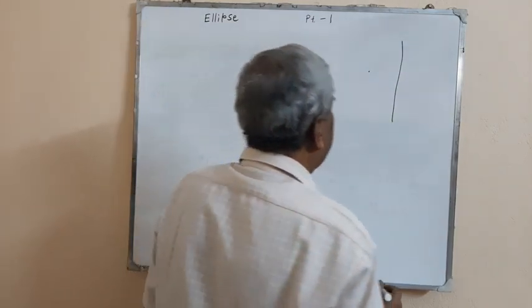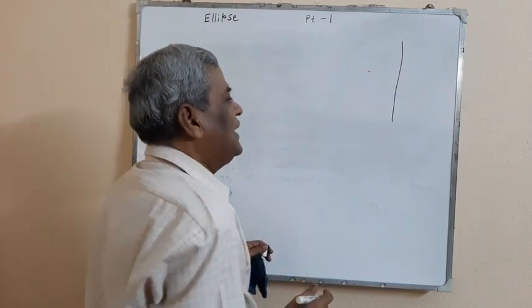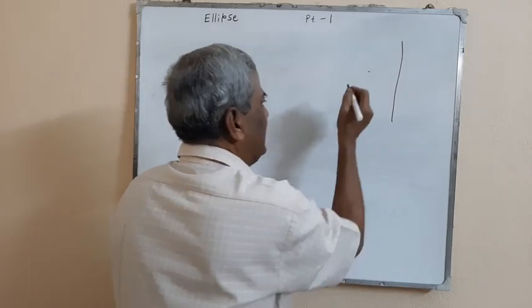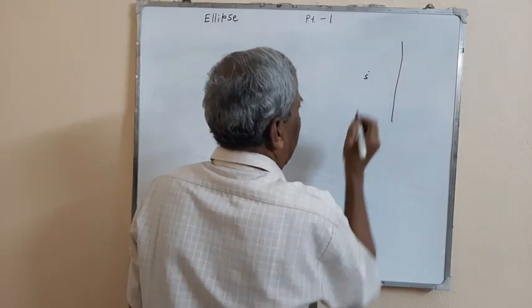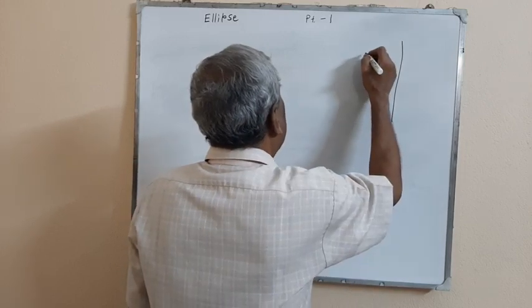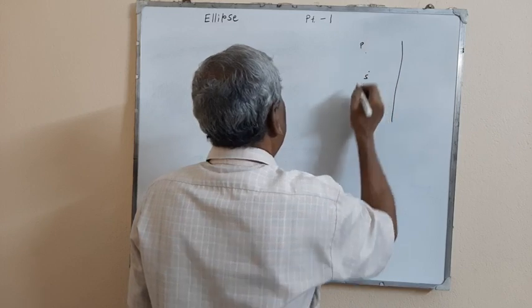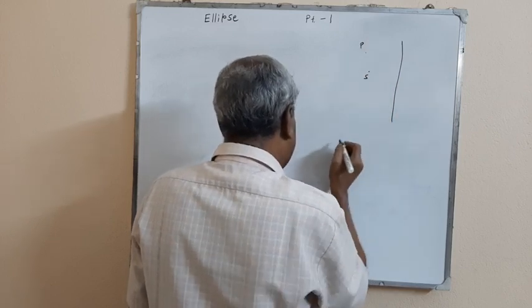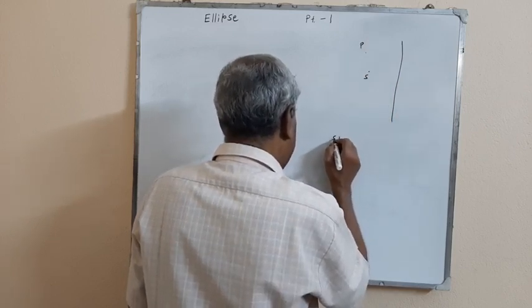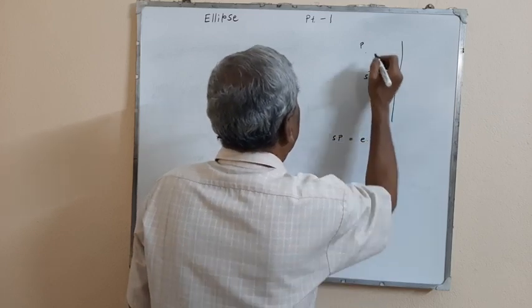Now, if a point P moves in the plane in such a way that in its path, the distance of the point P and S, that is SP, will be E into PM.